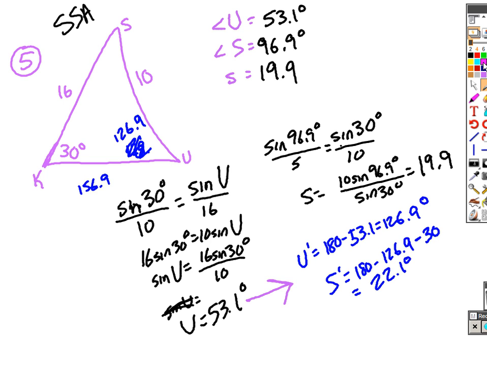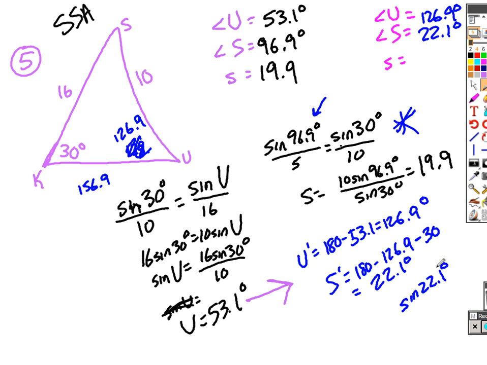So the second triangle would be angle U, angle S, side S. Angle U, 126.9, and angle S, to make it legal, 22.1. To find the last side, I'm going to do the exact same thing that I did here, except now instead of 96.9 degrees, I'm going to use S as 22.1. So sine of 22.1 degrees over S will equal sine of 30 over 10.